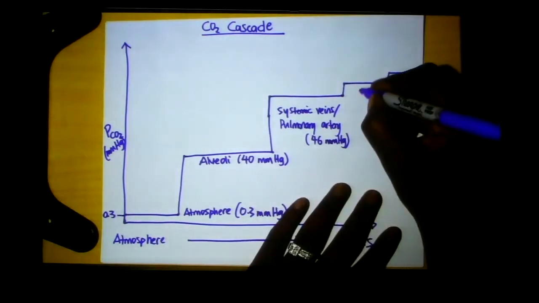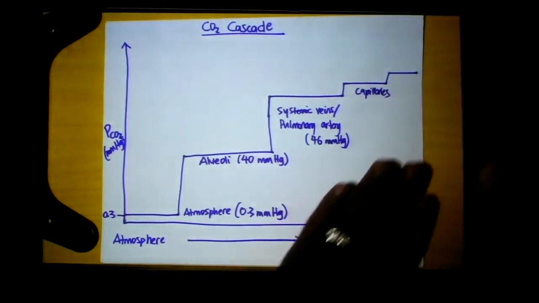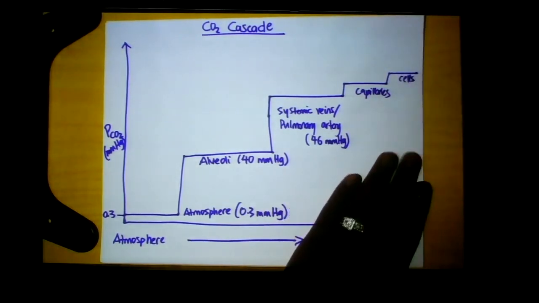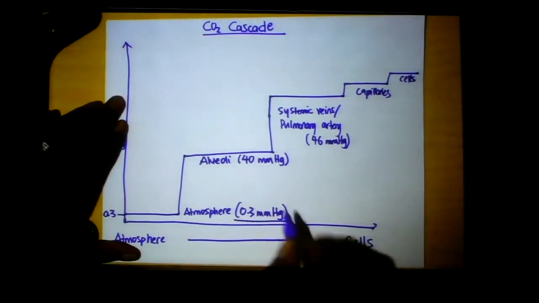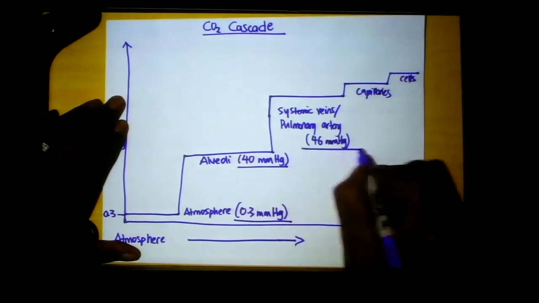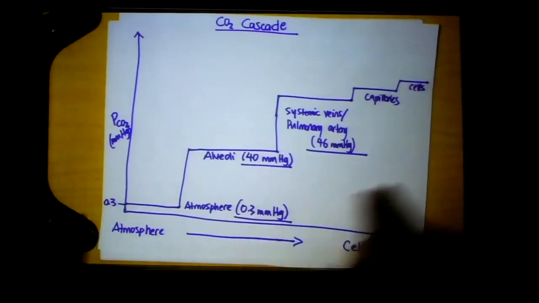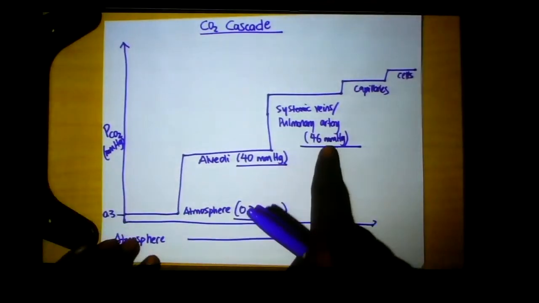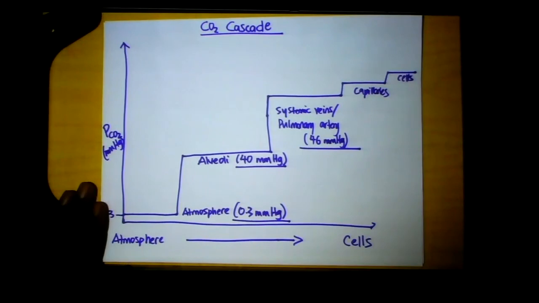And then eventually we get to the capillaries and then the cells. Okay. And again, these values are what you should be able to connect, right? Atmosphere is 0.3, alveoli is 40, and then in the systemic veins and arteries, we got 46.